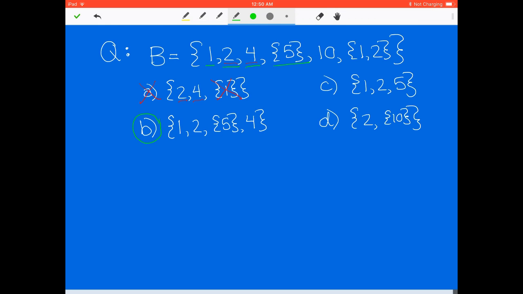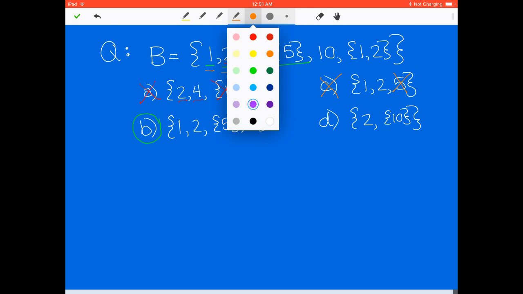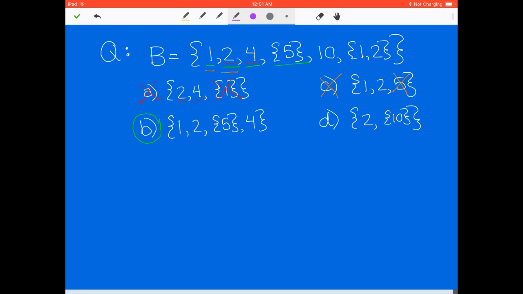Let's look at C. We have 1, 2, but we do not have 5. So C is not an option. Let's look at D. We have 2. Is the set 10 in there? It is not. So D does not work. So B is our answer.